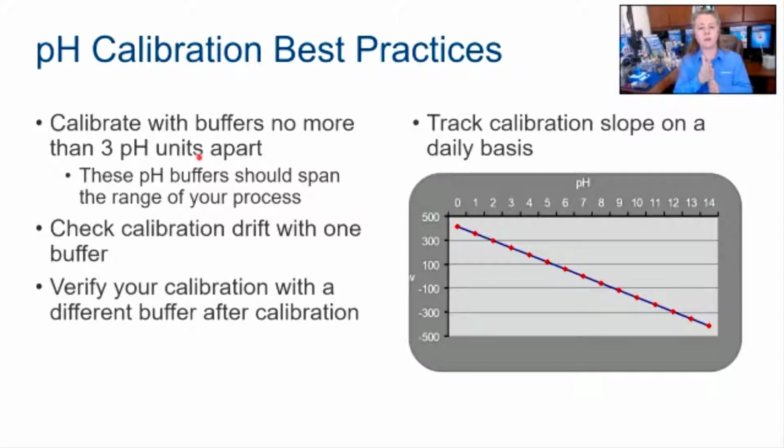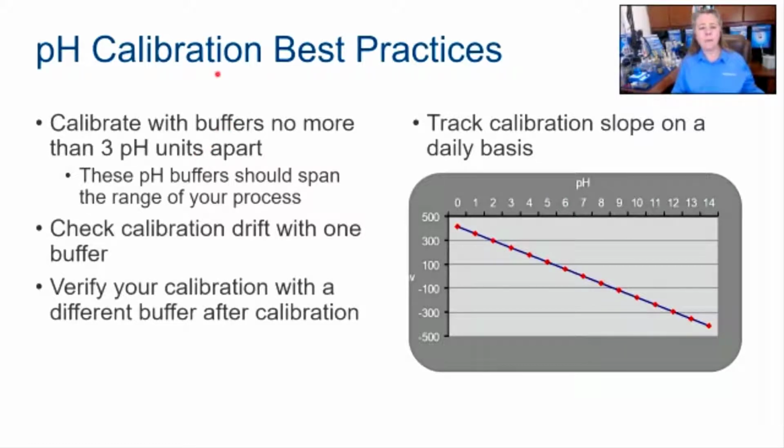If it cannot do that in 60 seconds, your probe might not be good or it might need to be cleaned. Once you're at pH 4, it should stay stable with no drift for several minutes, as long as your temperature is stable. If your probe is going all over the place, your probe might need cleaning.